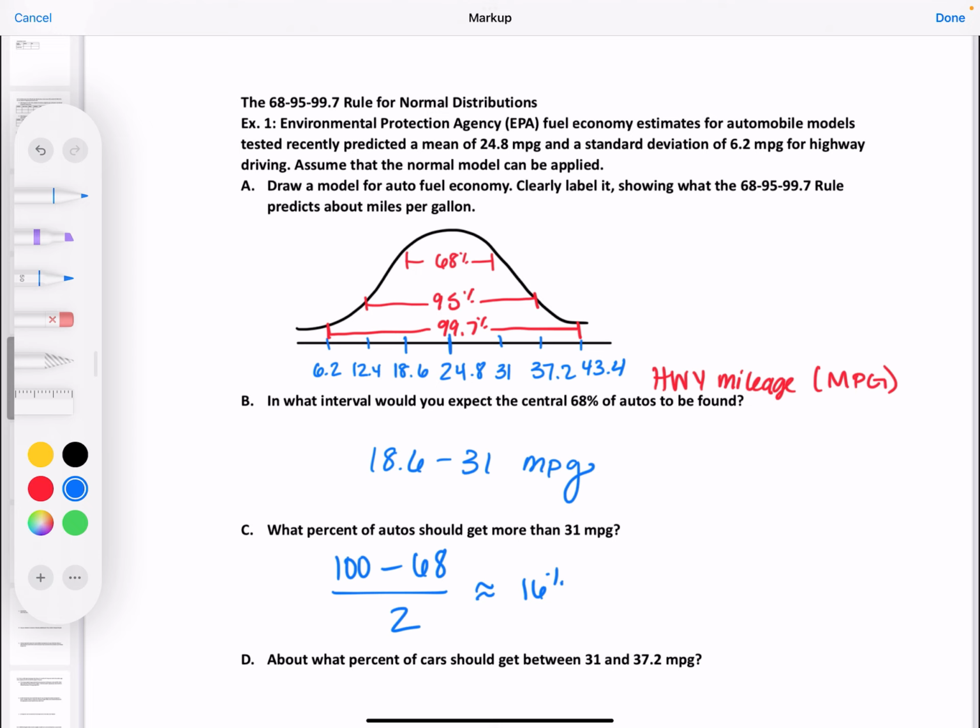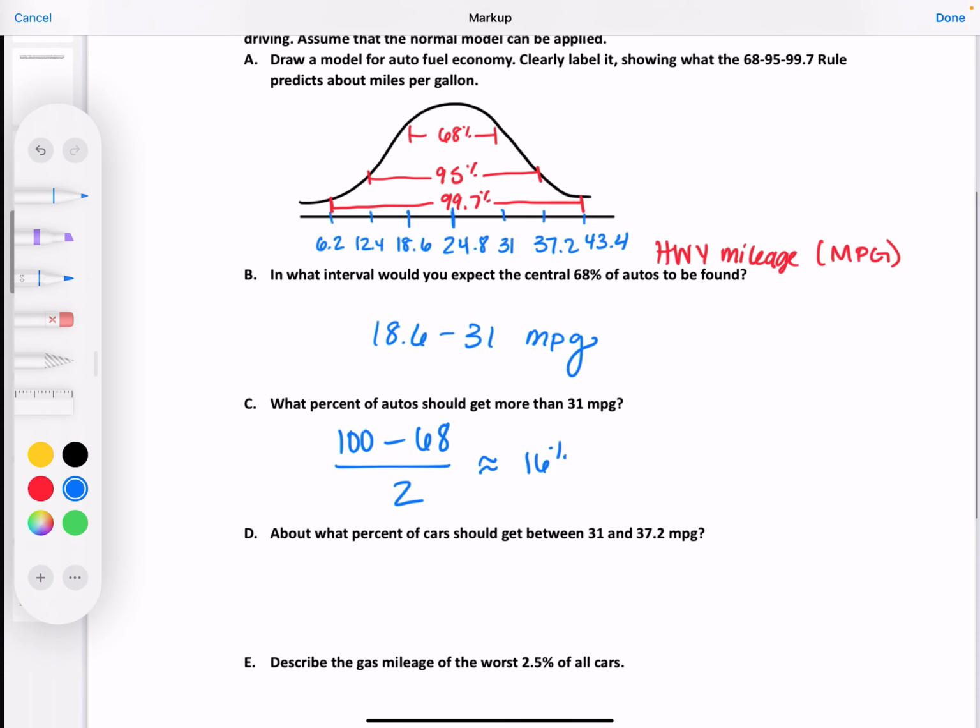If it just said what percent of autos would you expect to be more than 1 standard deviation away, we would just do 100 minus 68, and that would give it to us. But this specifically wants the upper part that's more than 1 standard deviation above the mean. So we have to subtract off the 68% and then divide that in half to get rid of the left side.